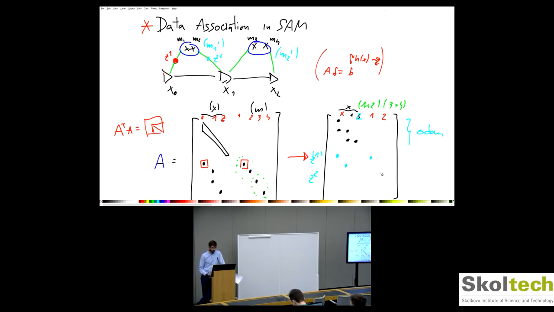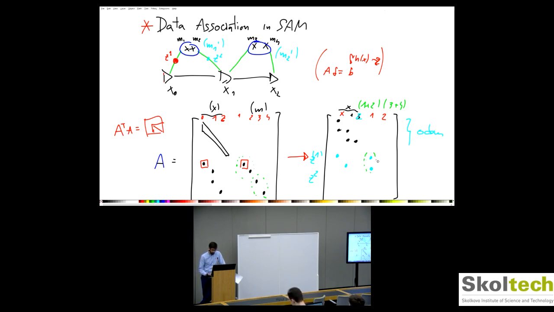Do we do the diagonal thing? Here? Here, right. So again, this is the same thing. The only thing we are doing is, instead of these two being two different landmarks, we have grouped them into the same one.